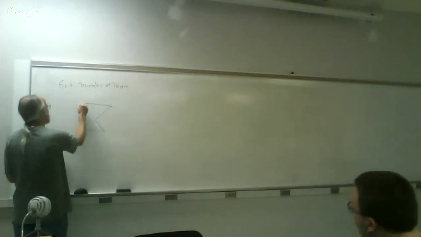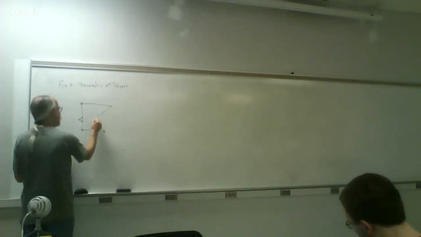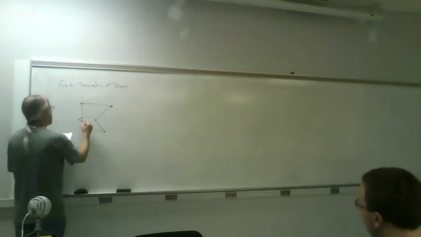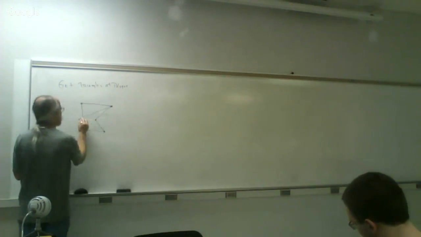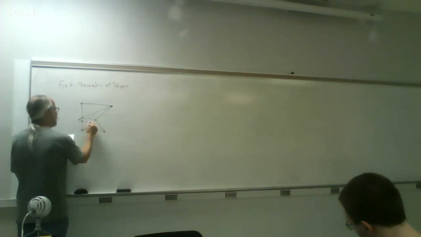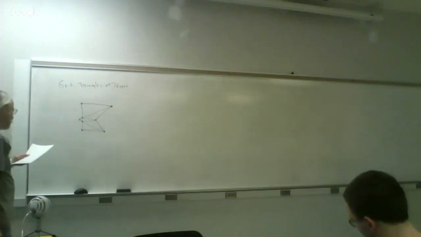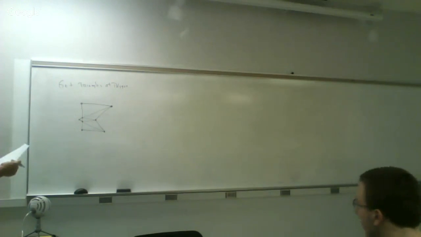So vertices look like this. And here's one way to triangulate Minnesota in case anybody cares. And it really is not particularly important here.